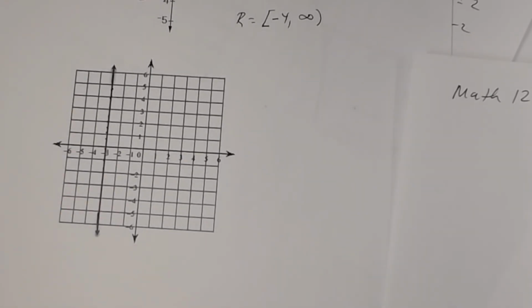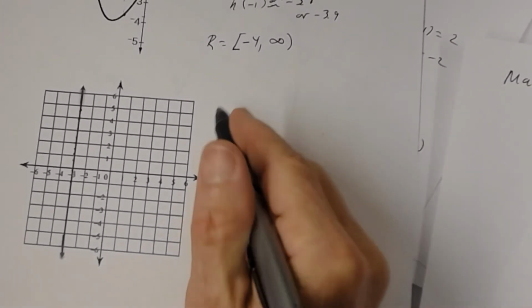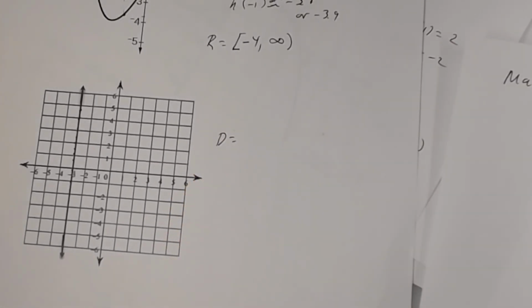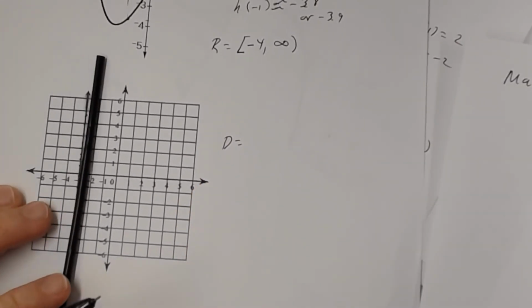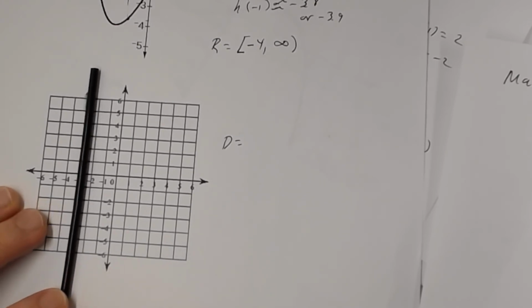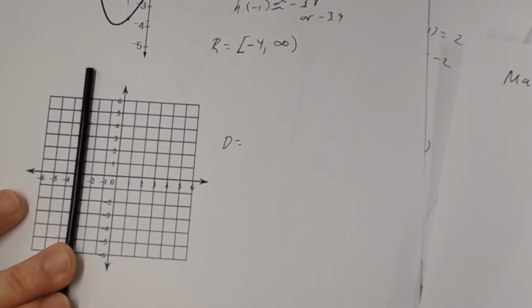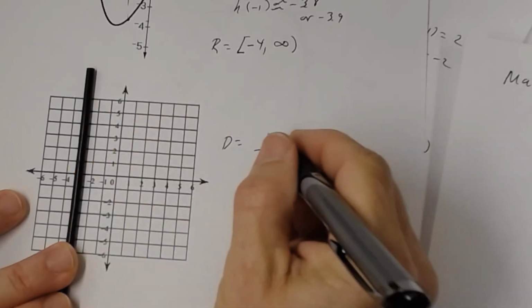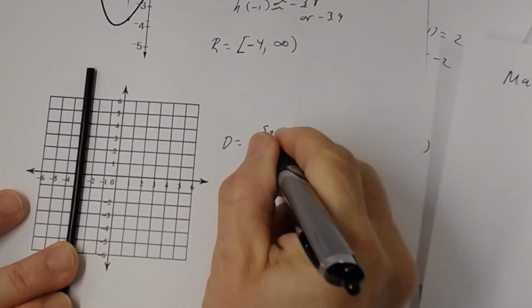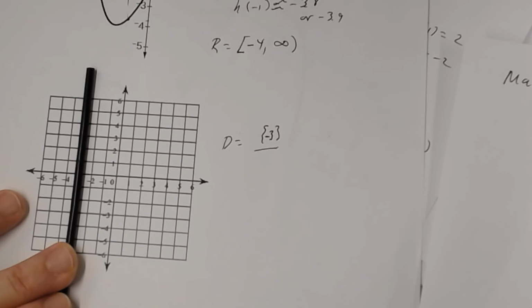All of these are relations, though not all of them were functions. But I can talk about domain and range. So what's the domain here? Remember, go along the x-axis. It is just -3. Y'all agree? So just like we did a while ago, you're just going to put -3 as a finite set.